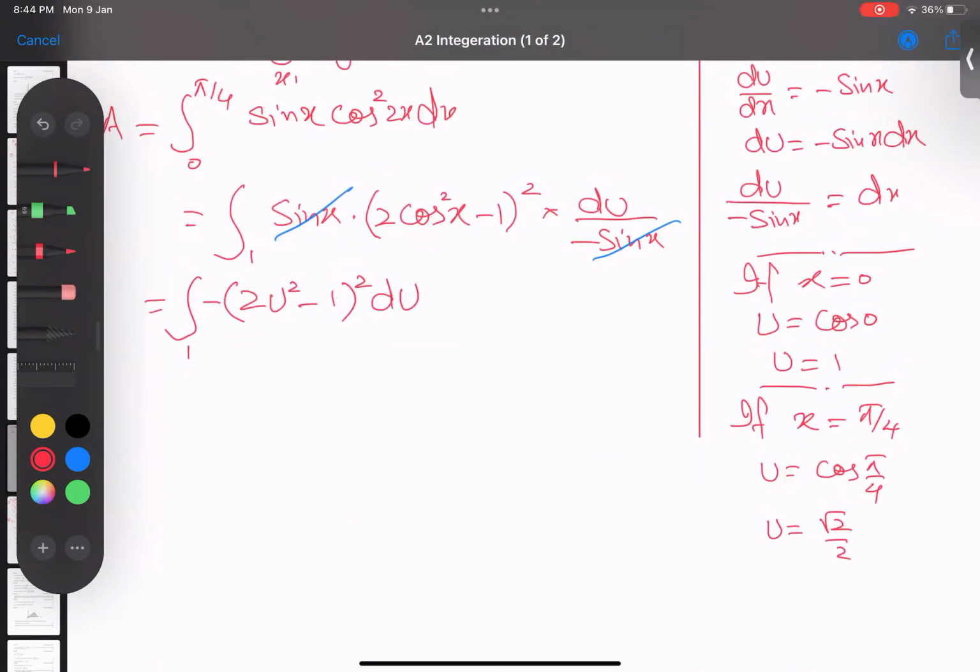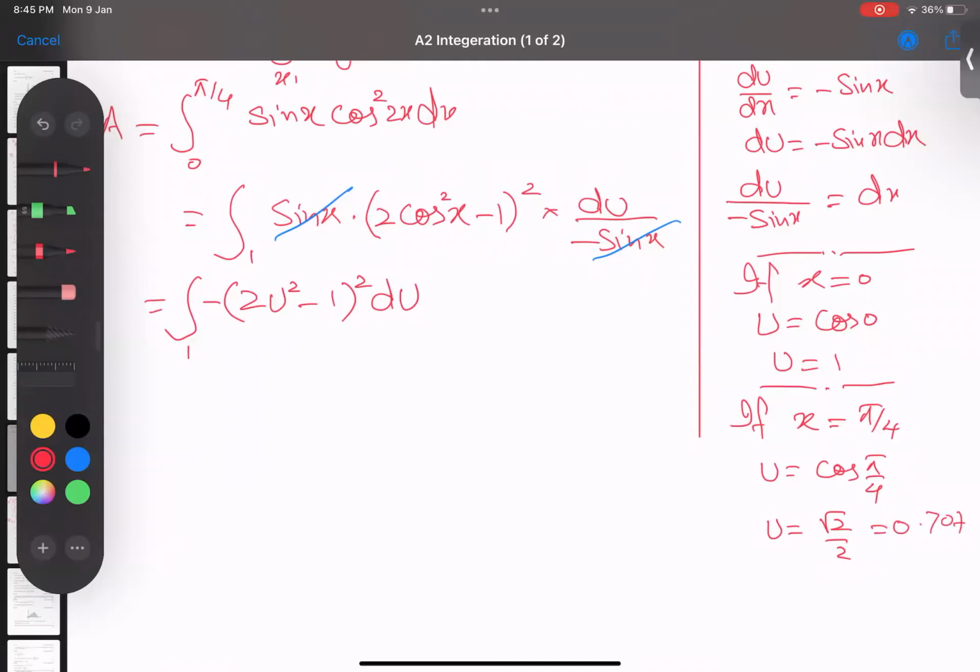For your knowledge, root 2 by 2 is 0.7 if you type it in the calculator, just for the sake of understanding.